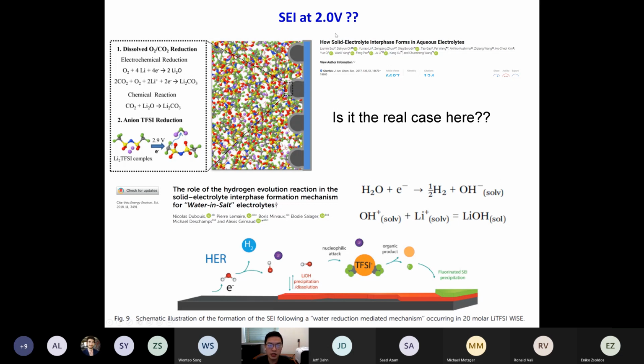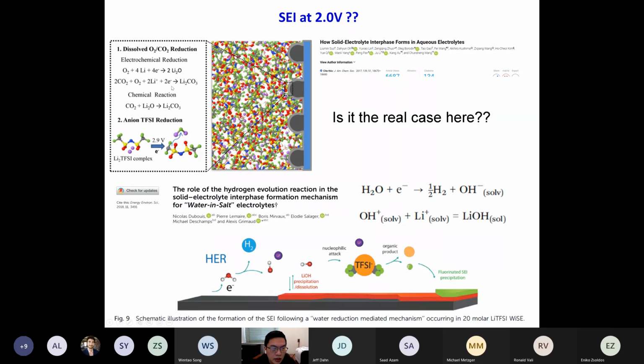We can still call it SEI on the anode surface. We have very solid evidence, all kinds of evidence, showing that we're forming an SEI layer on the surface, half of which is lithium fluoride, and the other half is mostly lithium oxide or lithium hydroxide. We cannot actually tell the difference by XPS, right?